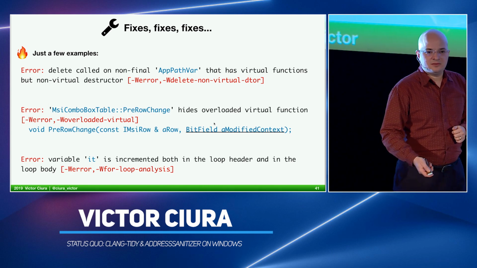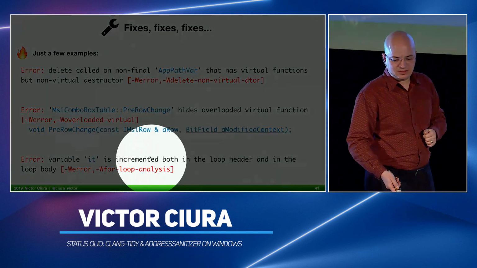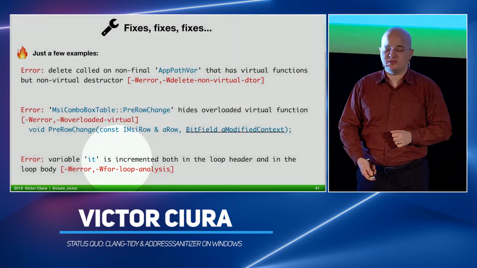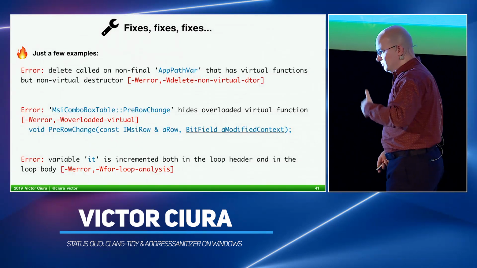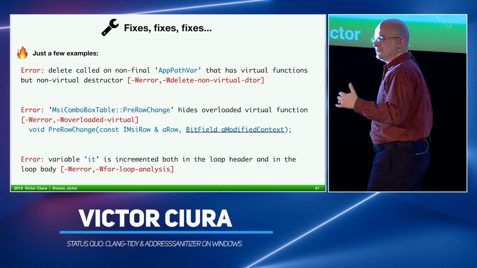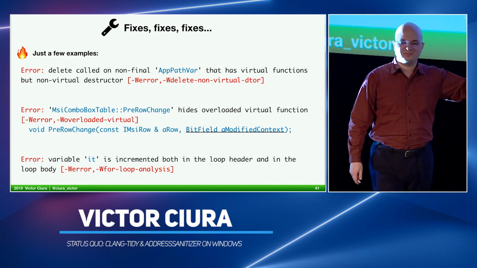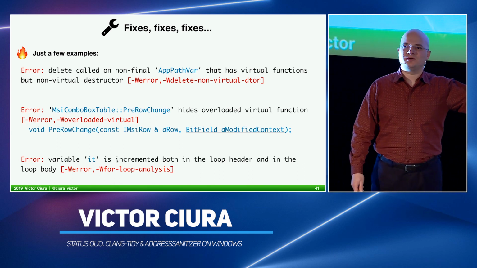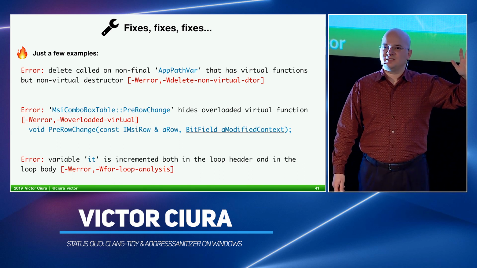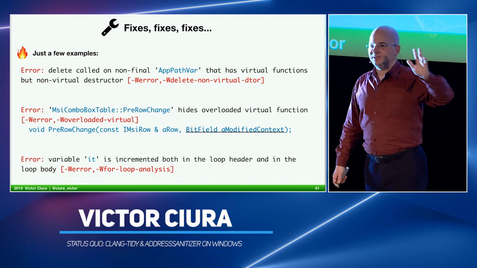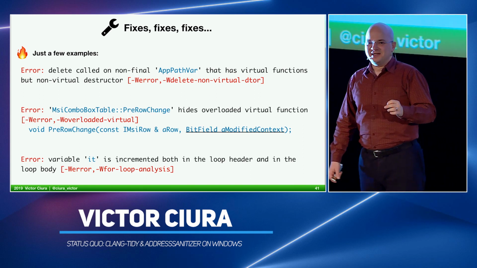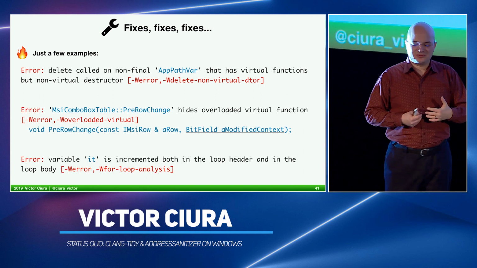For loop analysis might seem silly, but after several iterations, some loops ended up looking kind of weird. How many of you are working on older than 5-year code bases? Okay, so you understand the pain. Code is not right once.